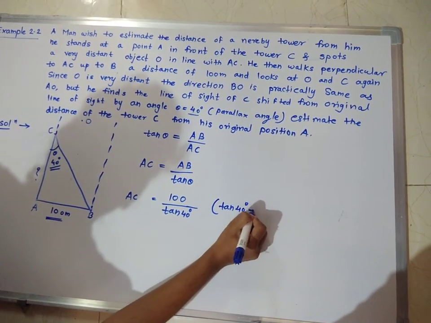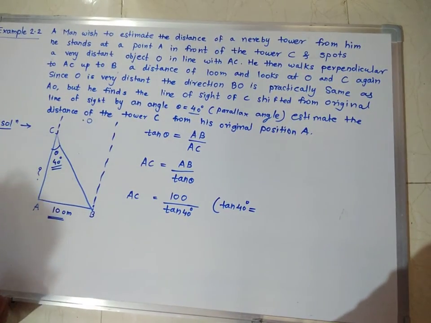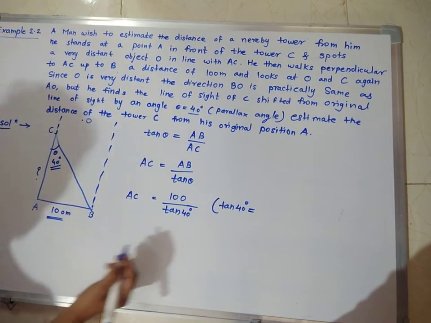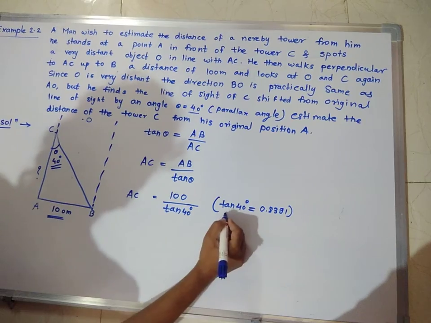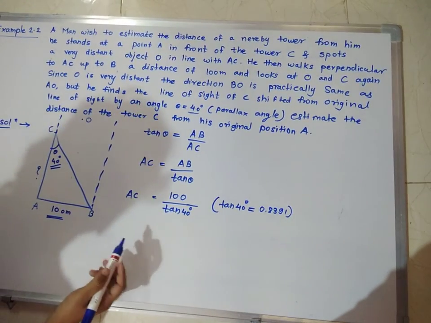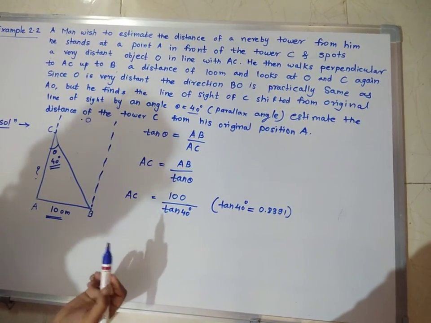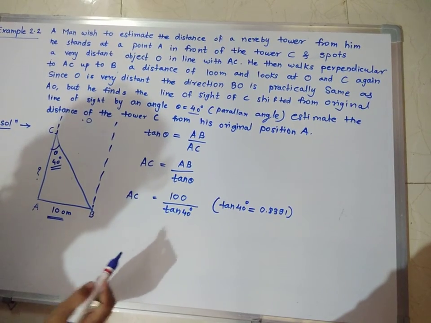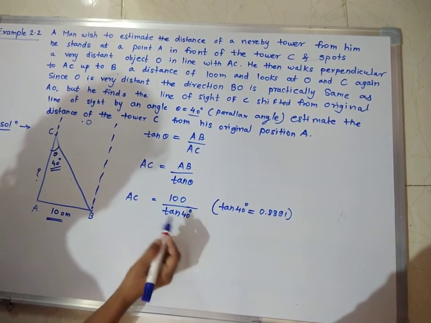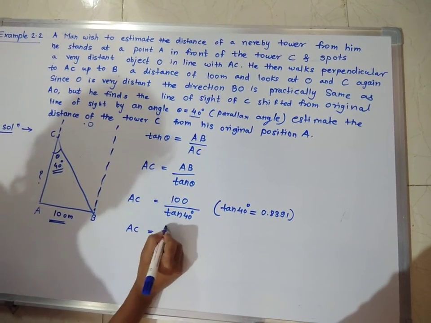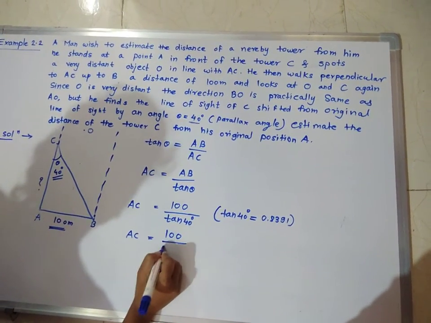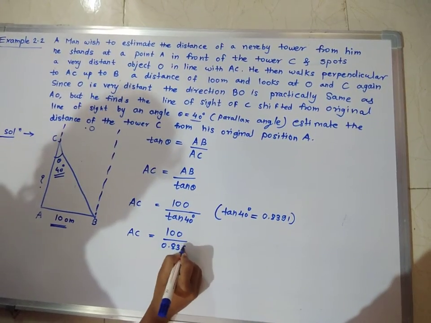We can see the natural tangent of 40 degree. Tan 40 degree is 0.8391. This is the value of tan 40 degree that we will see in the log table. I will teach you how to see it. Just put the value of tan 40 degree. Therefore, AC is equal to 100 upon 0.8391.